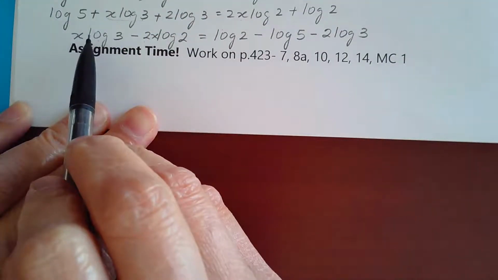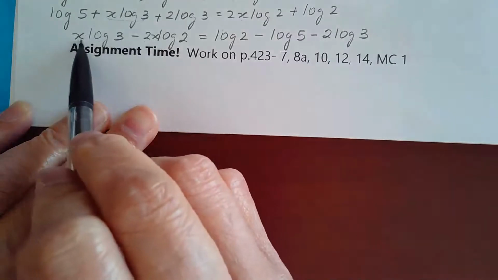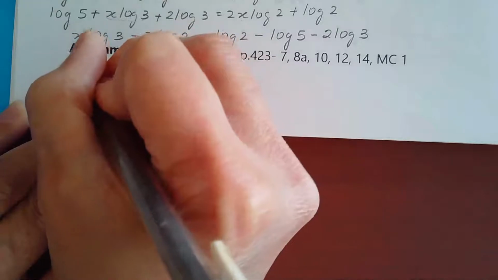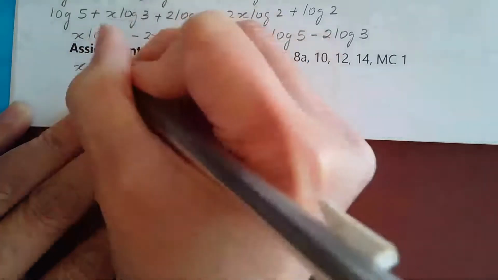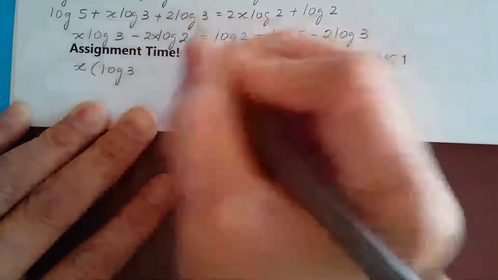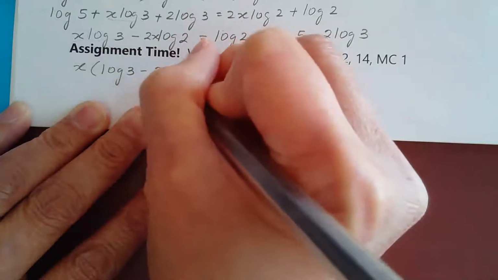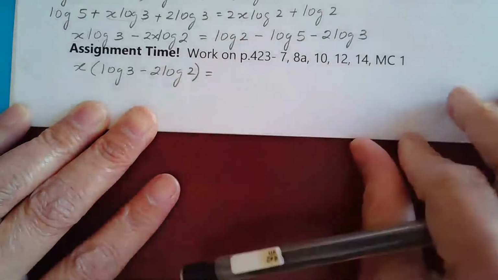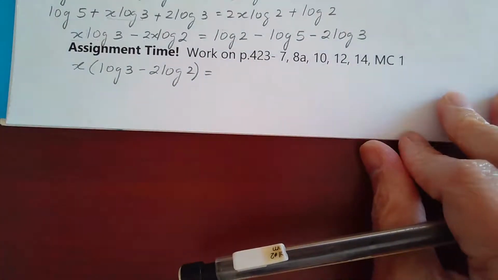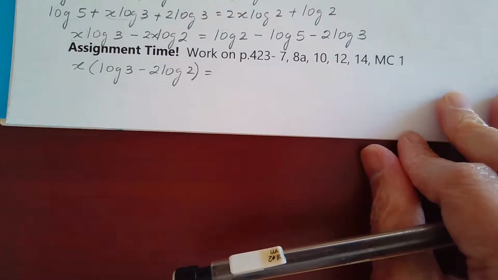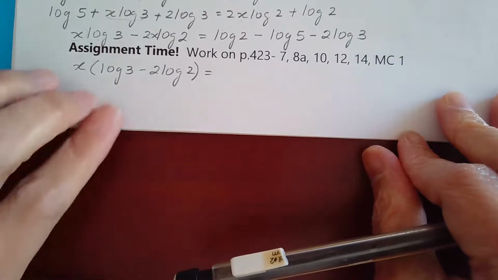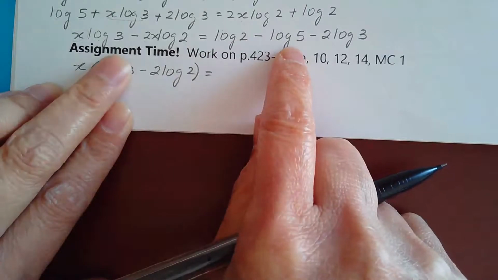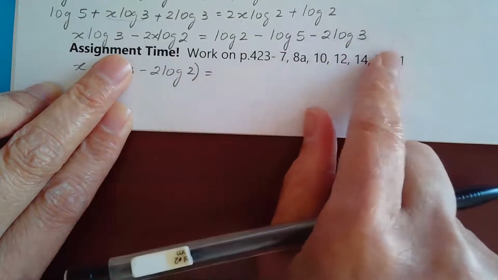Now that we have these, we can factor out the x variable. So we get x times log 3 minus 2 log 2 equals all of these things. What's happening in here is that this log of 2 is subtracted by log of 5 and again subtracted by 2 log of 3.